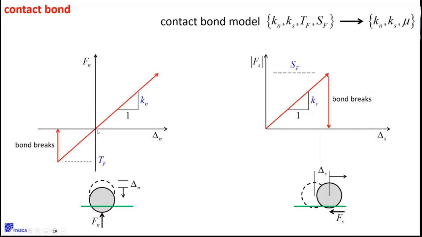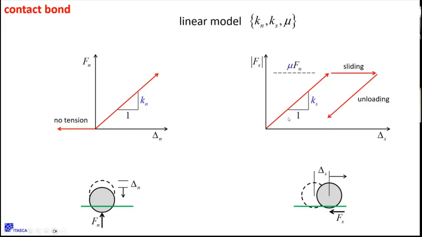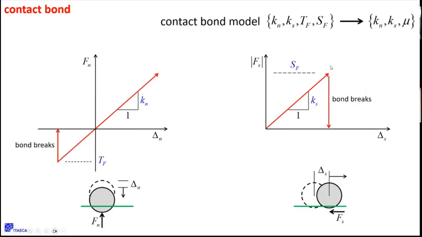If we put in a bond, now it's able to pick up tension until it reaches the tensile strength, at which point, boom, it can't carry load. And then same thing here. This is frictional sliding in the shear direction. There's the friction coefficient that limits it. But if we glue it, this just keeps going. Now it's going to go up until it reaches the strength. Boom, it's going to break. Okay, with me?